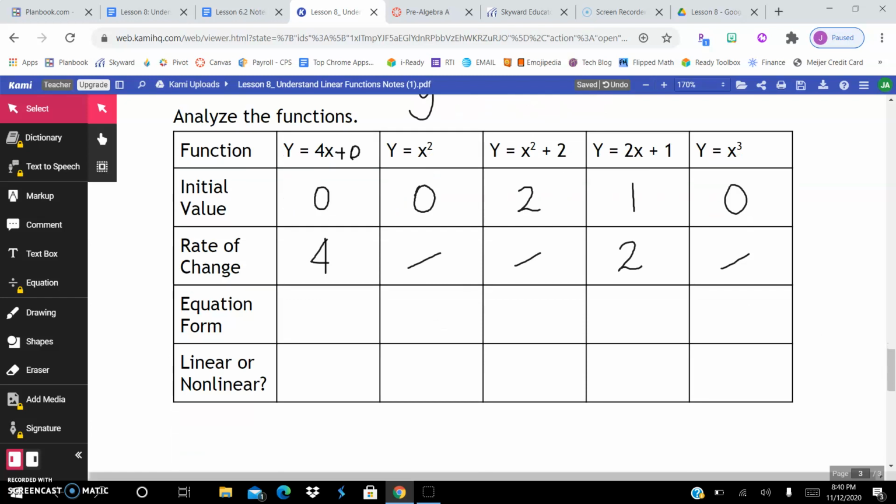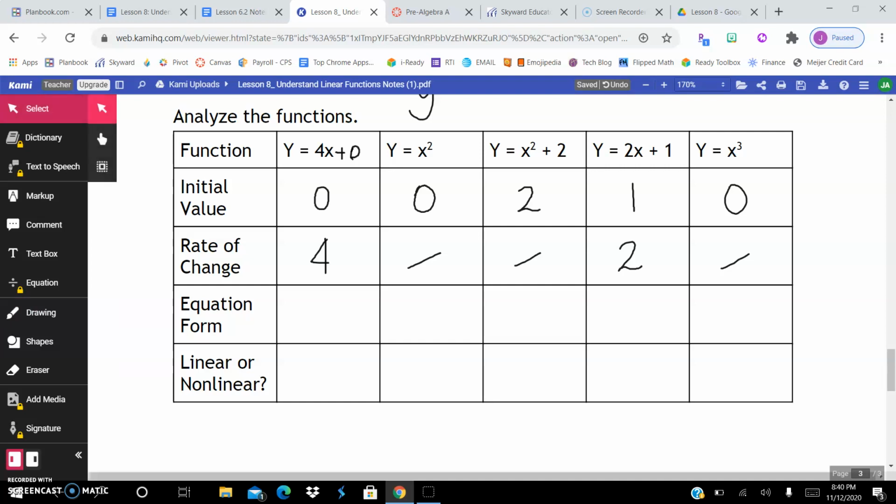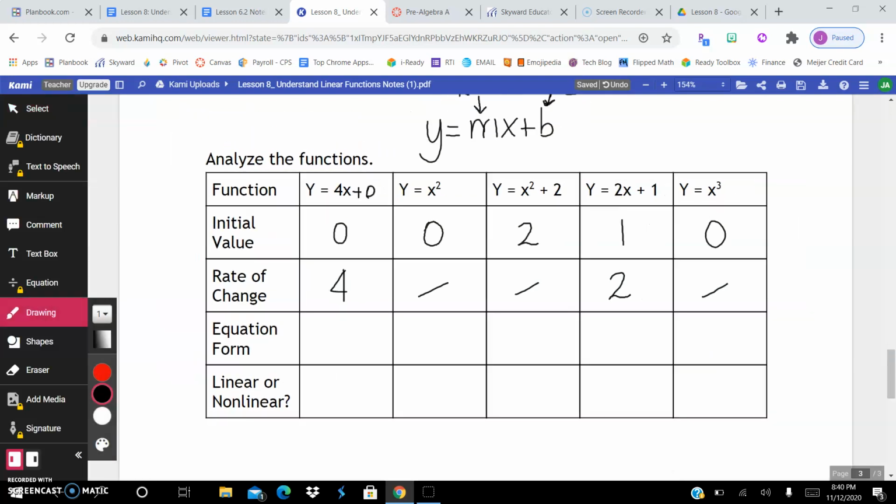All right, and then the equation form, what does it look like in terms of mx? So this one, y equals 4x, looks just like y equals mx. There's no plus b at the end. This y equals x squared would be something along the lines of y equals mx squared, which is not what we're learning about in linear functions.